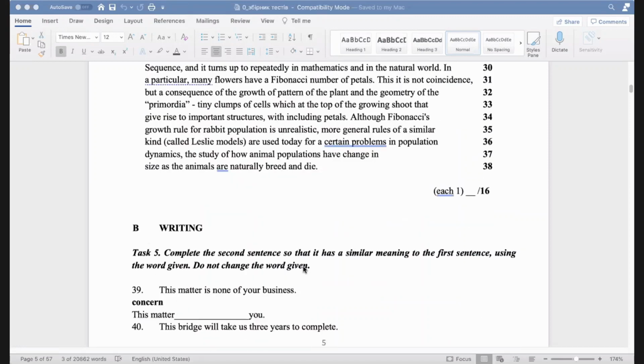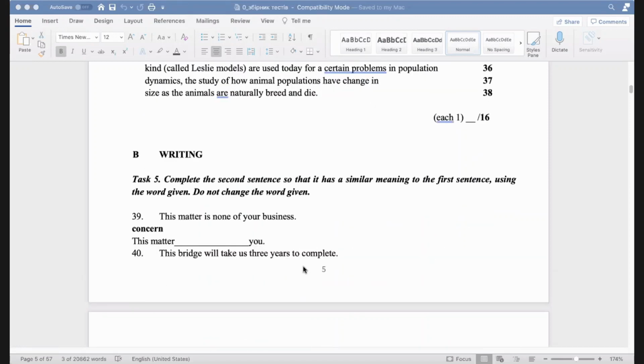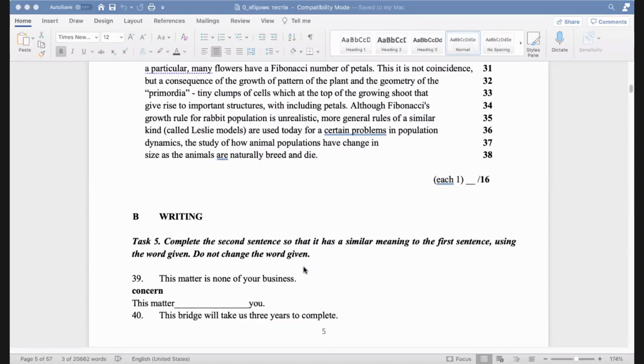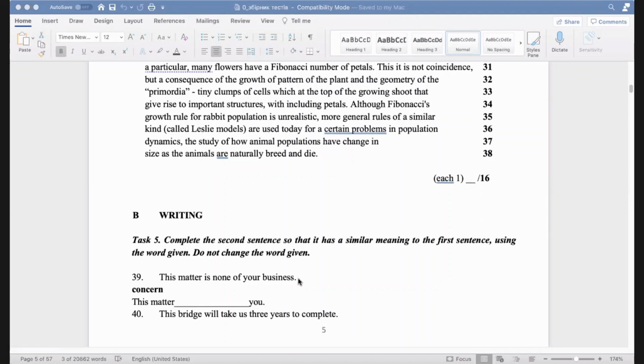Okay, and the last and, as for me, maybe most confusing task, it's about rebuilding the sentence with the same meaning as the previous one. So the matter is none of your business. And what you should do, you should use concern to build a new sentence, but the meaning must be equivalent to this one.